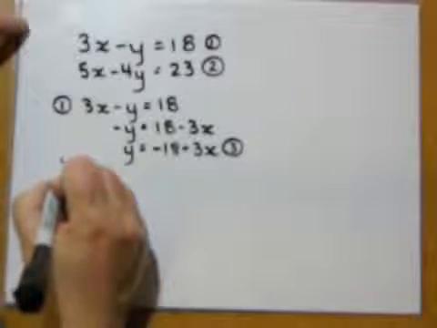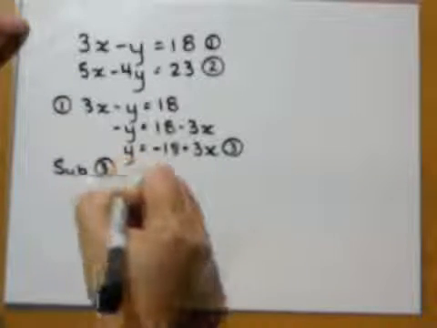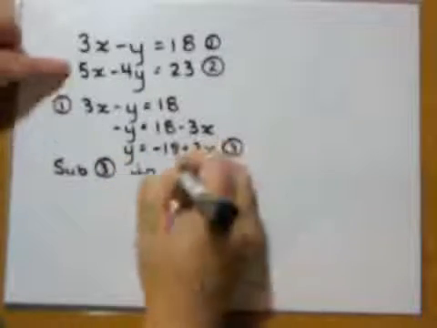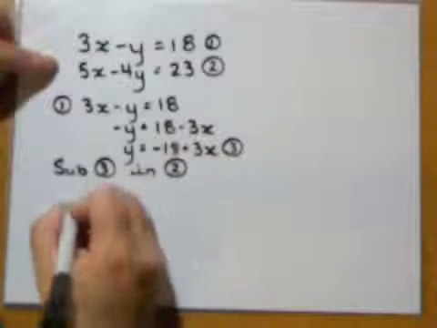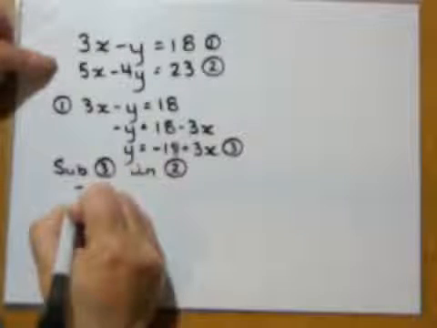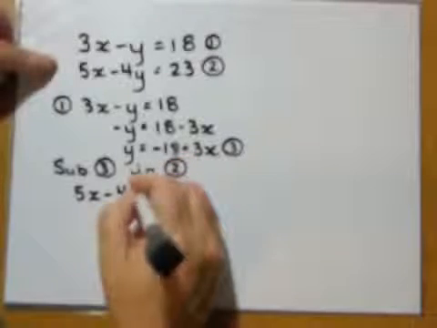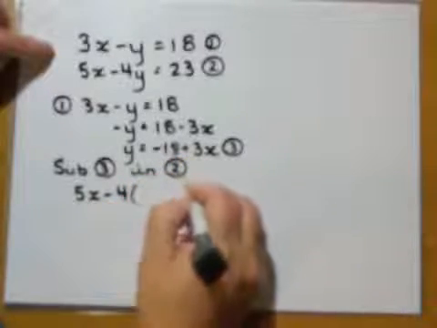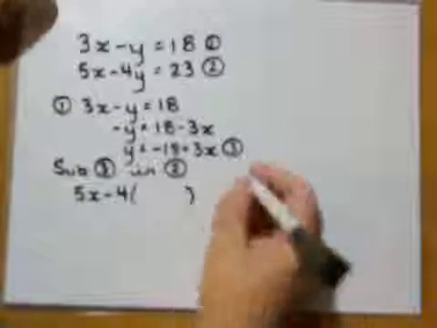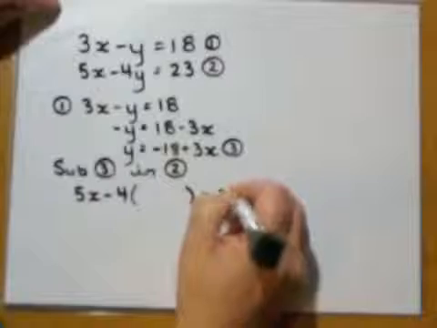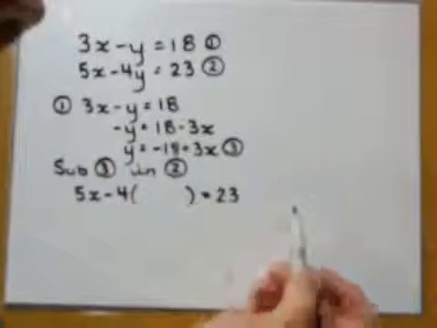So, sub equation 3 into equation 2: 5x minus 4 times y, but I'm going to put a big set of brackets because I solved for y, equals 23. And I'm going to put in what I know y to be, which is negative 18 plus 3x.